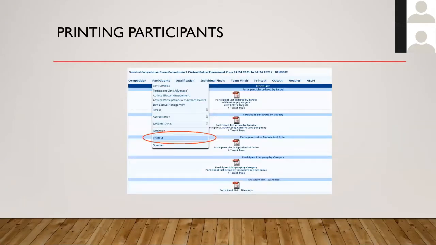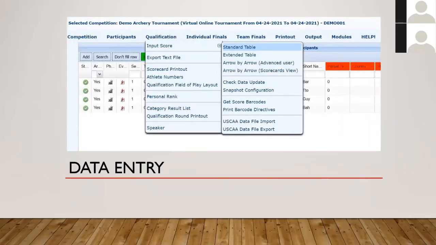So, time for action to start. The tournament has started, and we need to enter the data. There are different ways you could approach this. You could wait until the score sheets come in after the event, and have one or two people entering the data. I think that is the most tedious part.